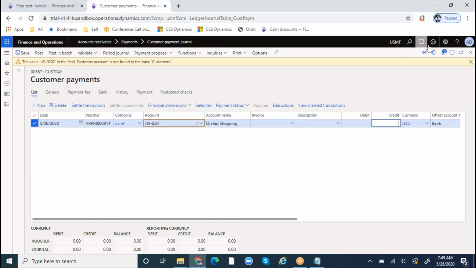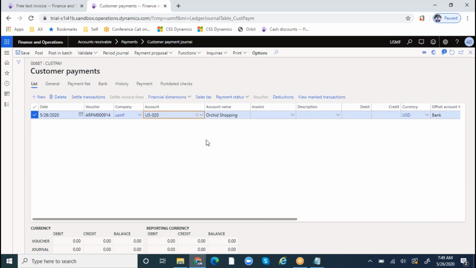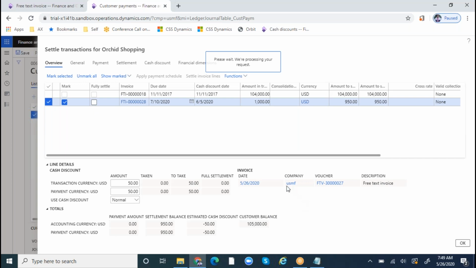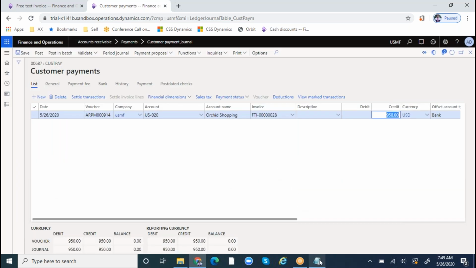Now if you click on settle transactions, so just now we have generated one invoice. This is 1000. If you click OK, it is automatically populating 950 instead of 1000.